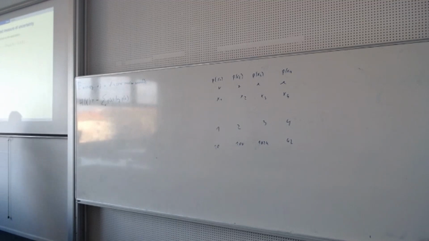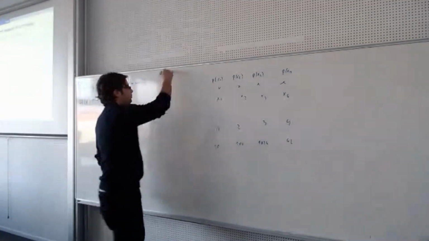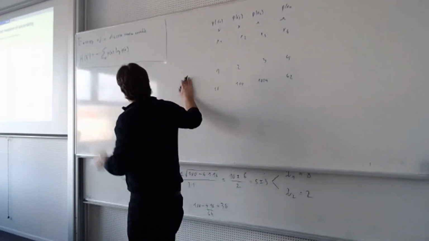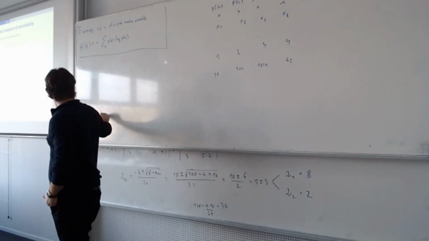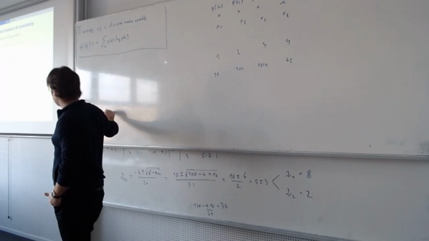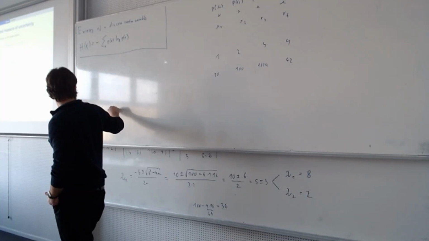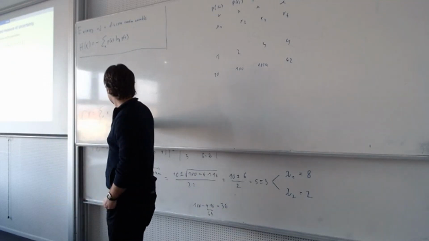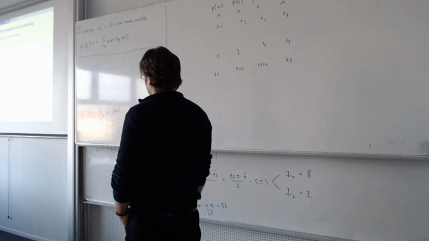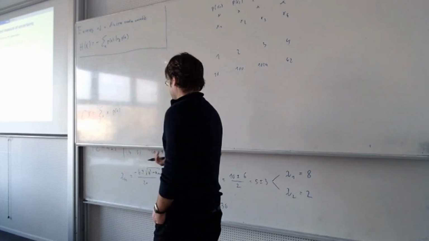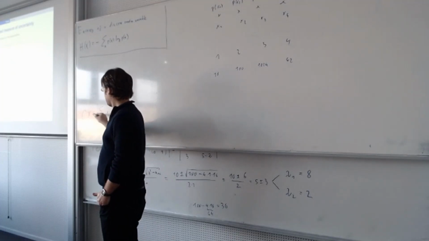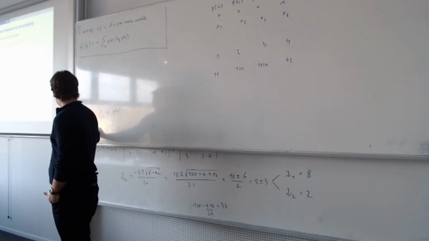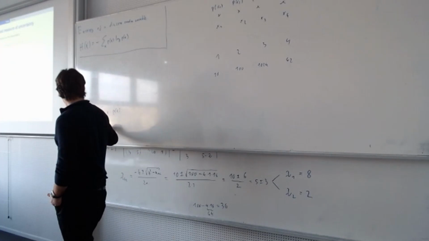Now, where does this definition come from? You recall the expectation of a random variable is, if it's discrete, the sum over all values of x times the probability. In this case, let's just use the shorthand notation p(x). Okay, that's the expectation of a random variable. If you apply a function to the random variable, then the expectation of the function is just the sum of g(x) times the probability.